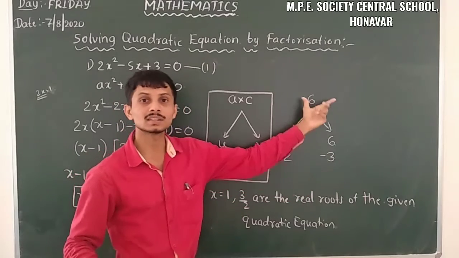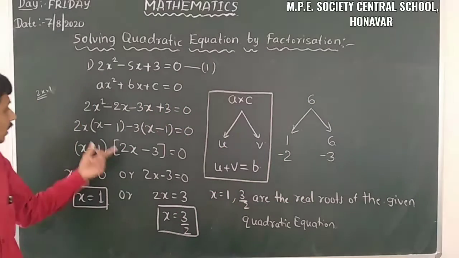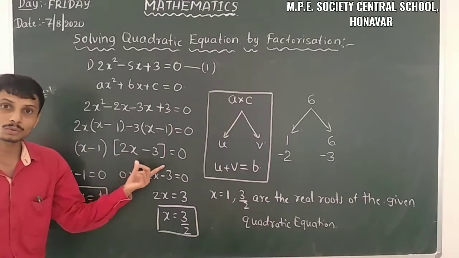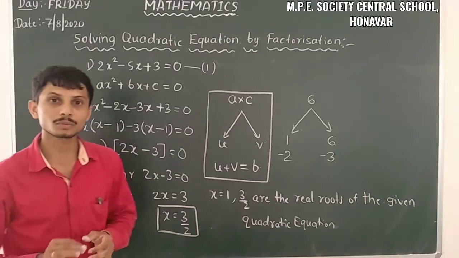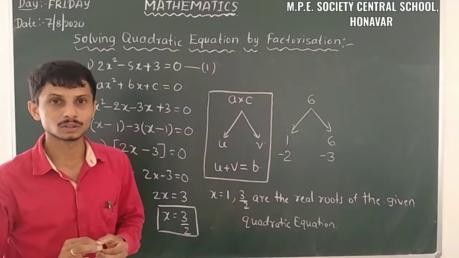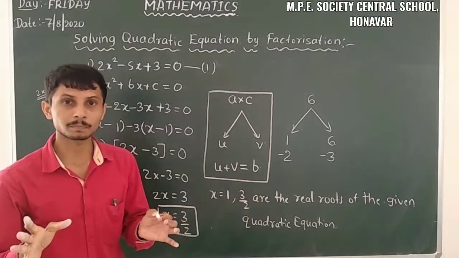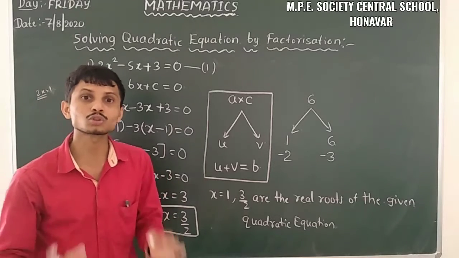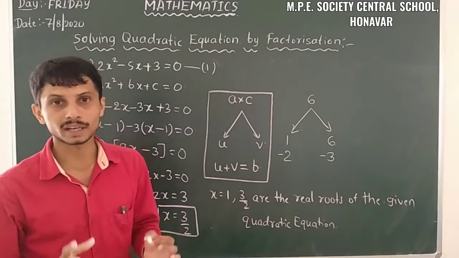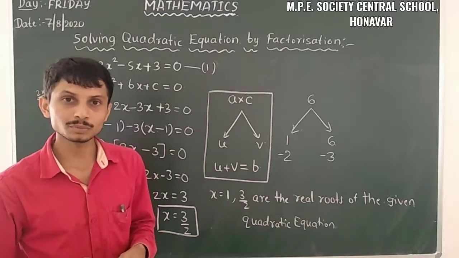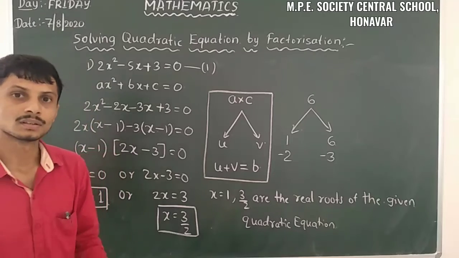Minus 2 and minus 3 are the factors of 6. Like that, here also x minus 1 and 2x minus 3 are the factors of the quadratic equation. You can take any other examples of quadratic equations and solve them by using factorization. So let us move on to the next problem.